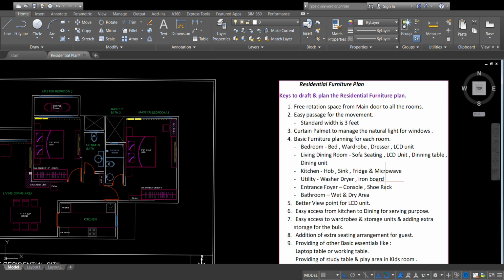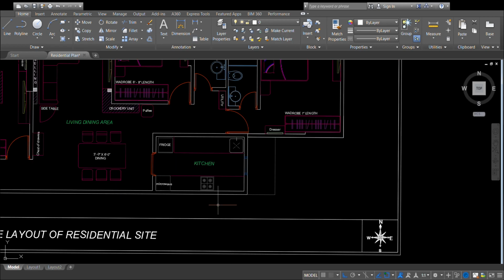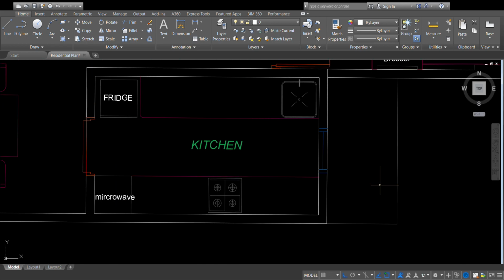Next, if we see the kitchen, as I said, the important points: the hob, sink, fridge and microwave. These are the basic necessities today of the kitchen. While you are drafting your kitchen layout, this is the point of the hob. So I have to decide where I will place the hob.